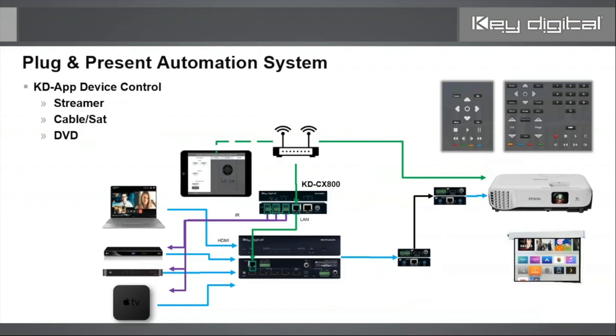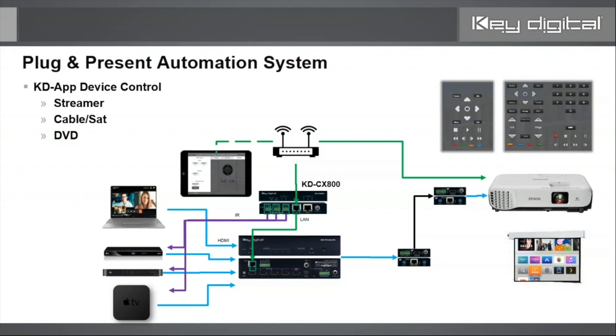And that brings us to the final stage of Plug and Present, in which we will add the Key Digital app, providing a GUI for control as well as the automation. Why will we do that? Because we want to give you the option to also control your popular AV sources in these systems.